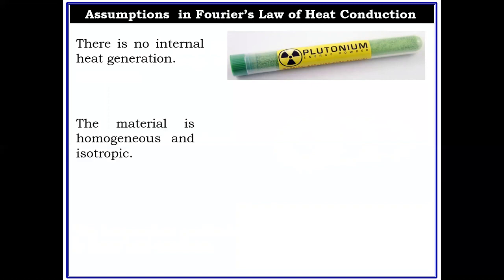Another is that the material is homogeneous and isotropic. So homogeneous: this is the image of a wooden block cut section. Here we can say that this material is not homogeneous. It is layer by layer, so it is not called homogeneous. Whatever assumptions we make while deriving Fourier's law, we assume the material is homogeneous, meaning the grain structure is the same everywhere.